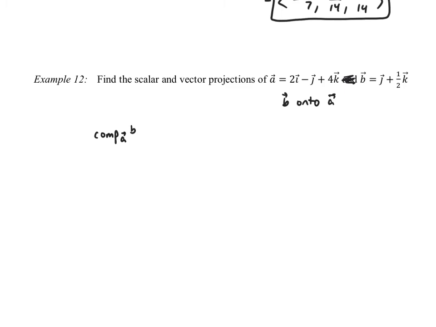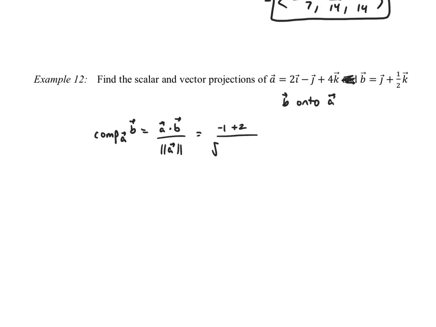Okay, so we have our scalar projection, which is going to be A dot B divided by the magnitude of A. And that gives us, let's see, be careful here because remember B does not have an I component, so we have 0 there, and then -1 times 1, so -1, and then 4 times 1/2, so 2.